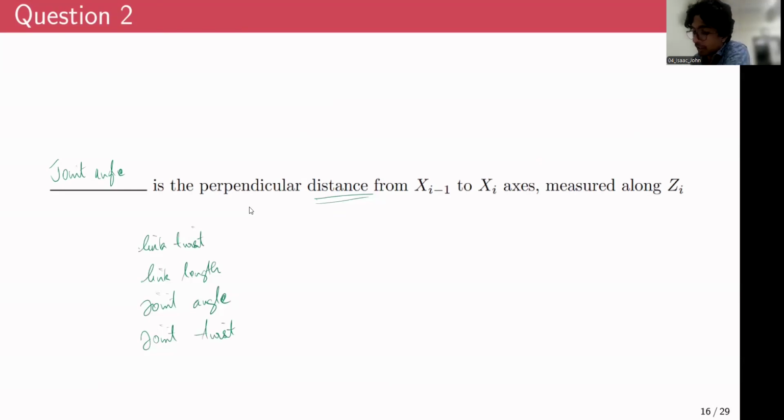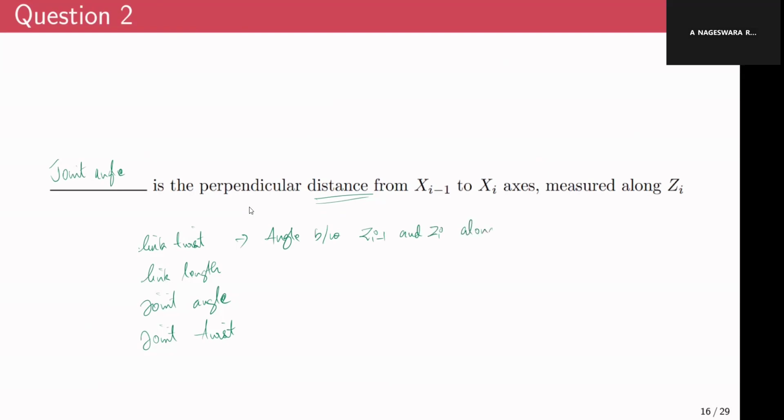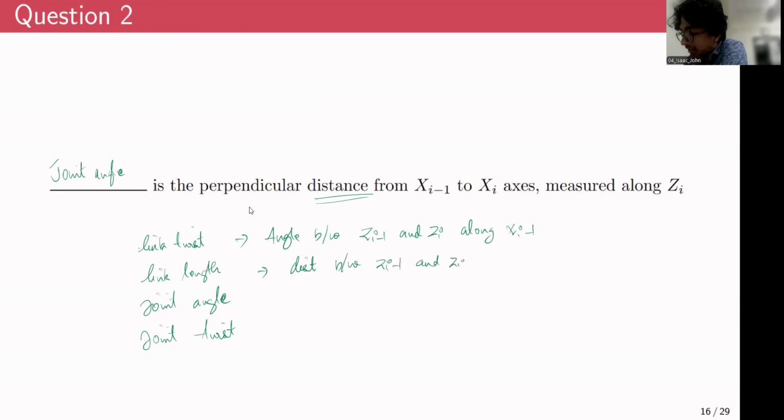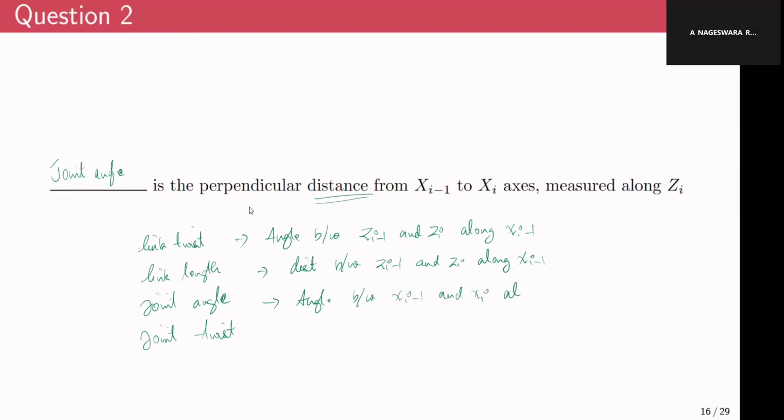Link twist is the angle between zi minus 1 and zi along xi minus 1. Link length is the distance between zi minus 1 and zi along xi minus 1. Joint angle is the angle between xi minus 1 and xi along zi.